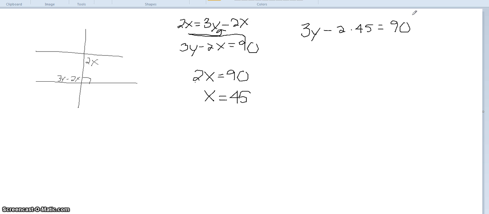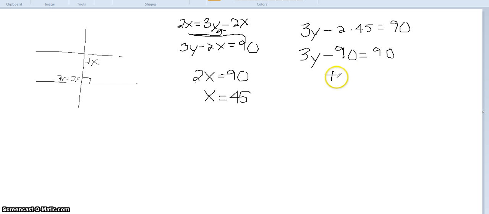So from here we can multiply 2 times 45, which would give us 90. Oh no, suddenly I thought I was going to get 0 as my answer. So let's bring this down. We have 3y minus 90 equals 90.